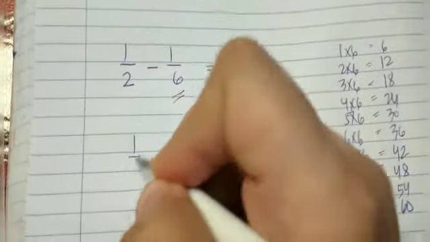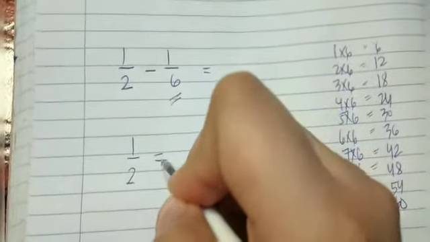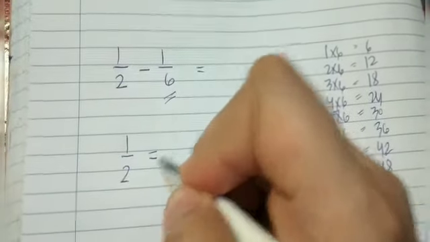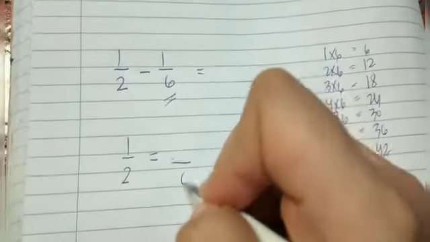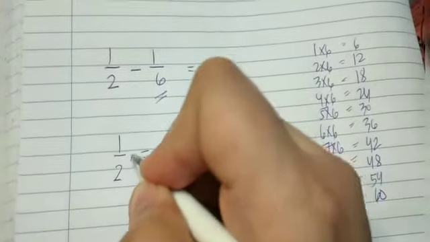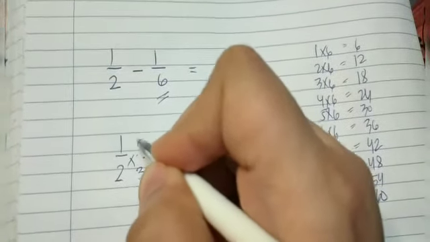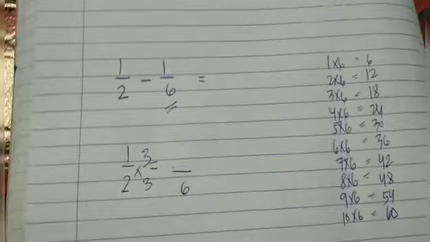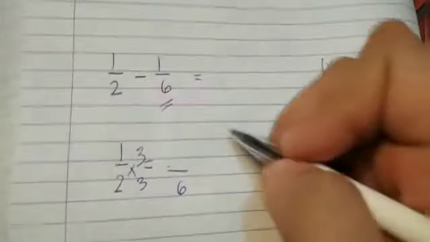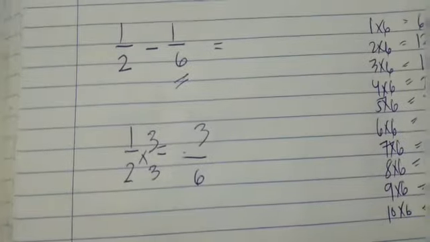So all we have to do is to make 1/2 with the denominator of 6. How are we going to do that? We have to multiply it with 3. So we will multiply the 1 by 3 as well. 1 times 3 will give you 3. So it will be 3 over 6.